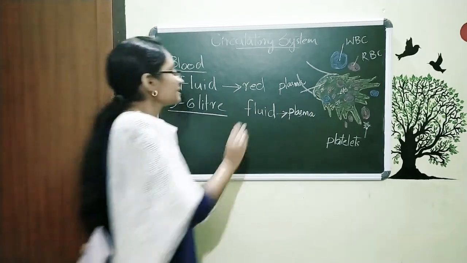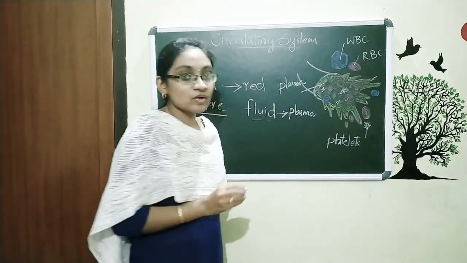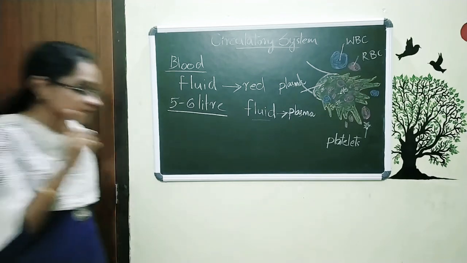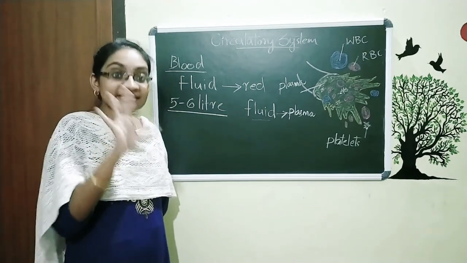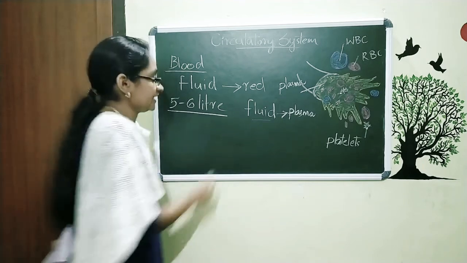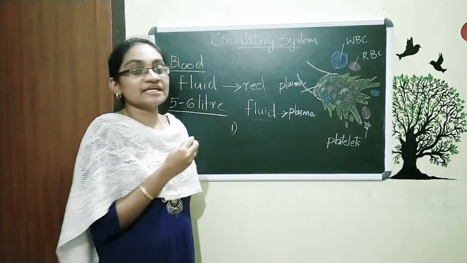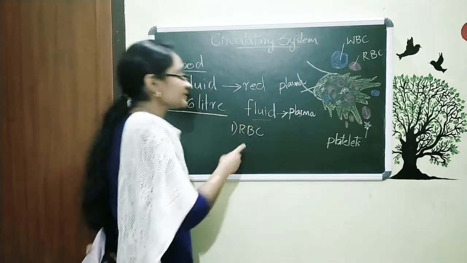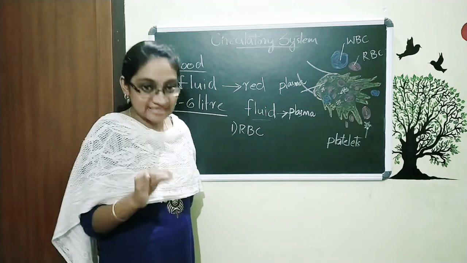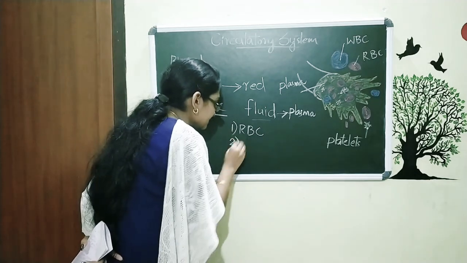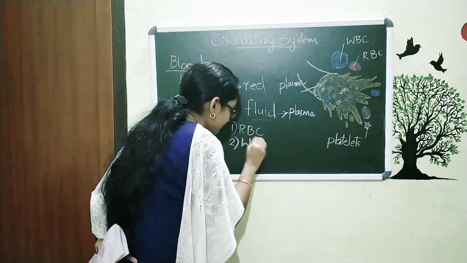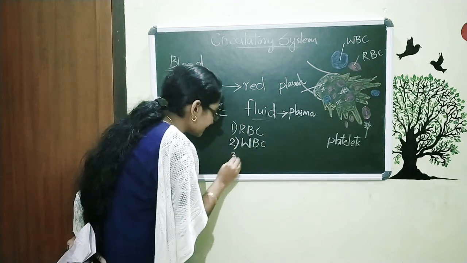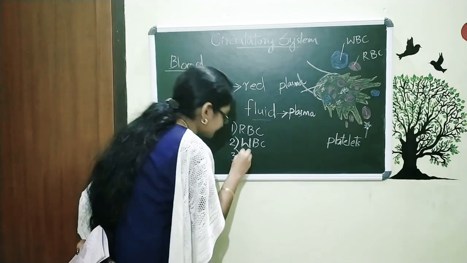Blood includes a fluid called plasma, and there are 3 types of cells in our blood. The first one is RBC, red blood cells. The second one is WBC, white blood cells. And the third one is platelets.